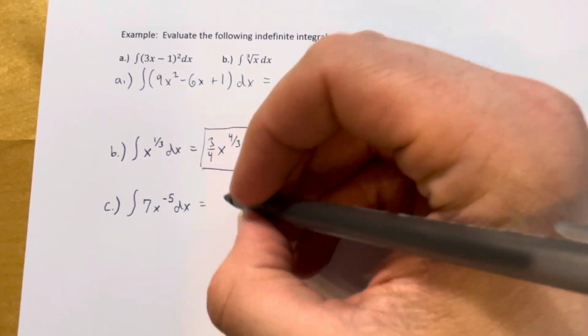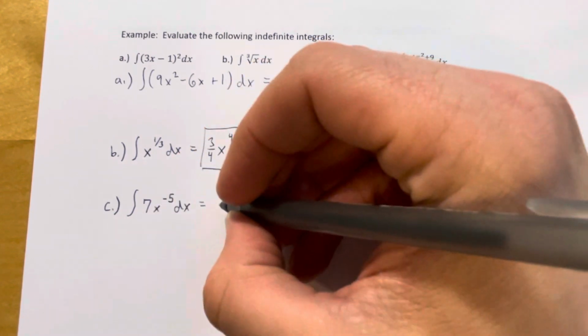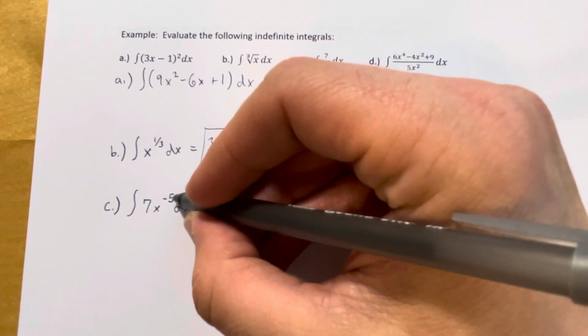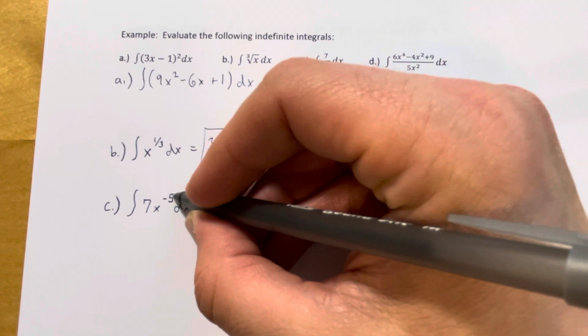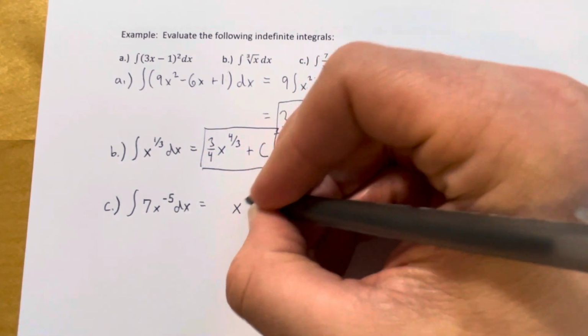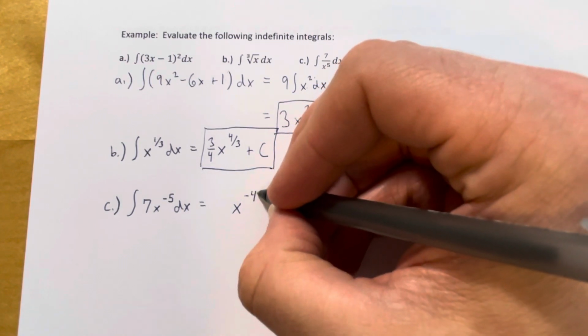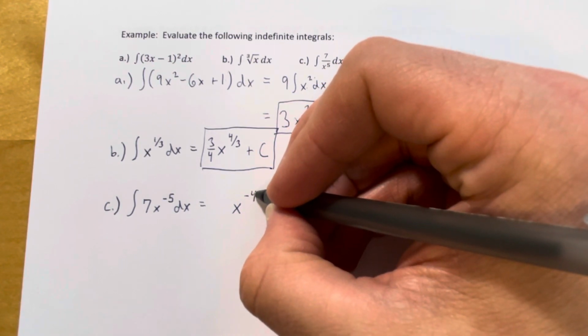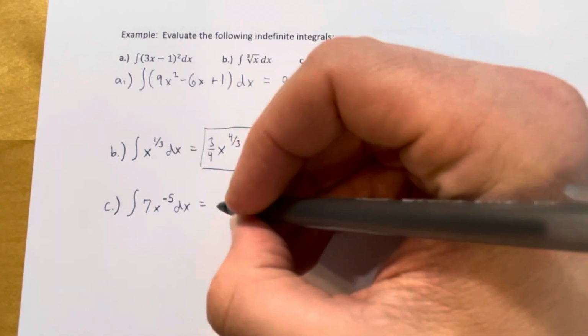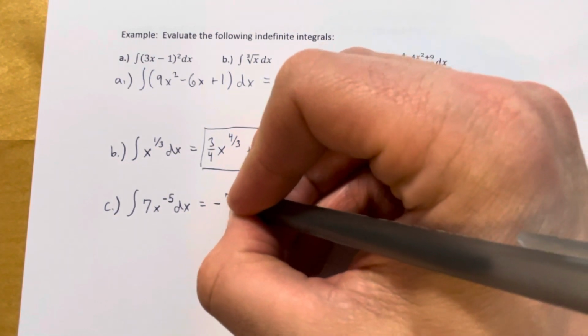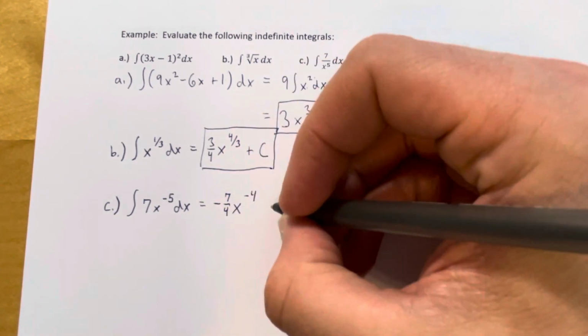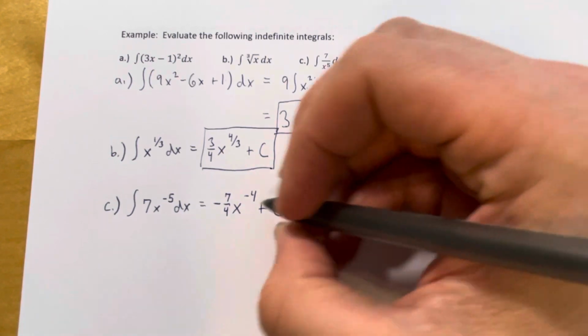Again, I have this 7 out here already. I'm just going to remember that I have that. But then I have a -5. I want to add 1 to that. -5 plus 1 is -4. Then I want to multiply by the reciprocal of that -4, which is -1/4. There was already a 7 out front, so that makes this -7/4. And then we've got plus c.